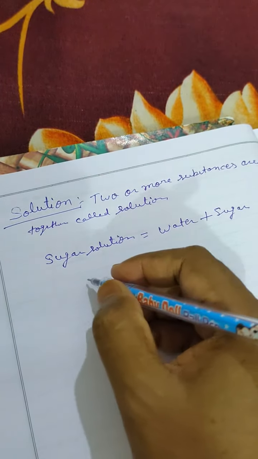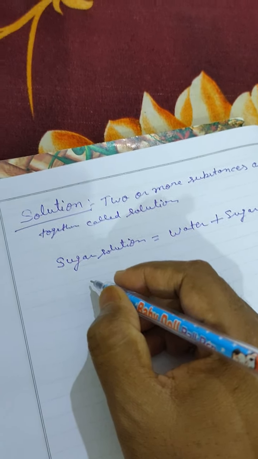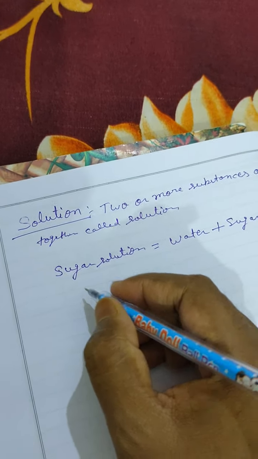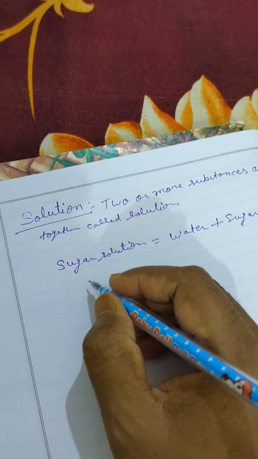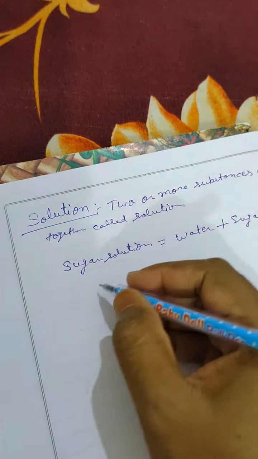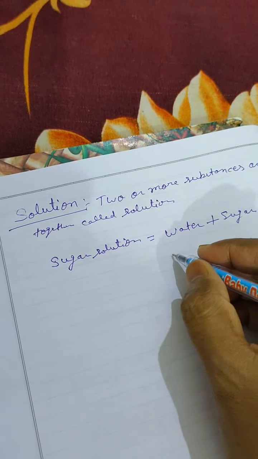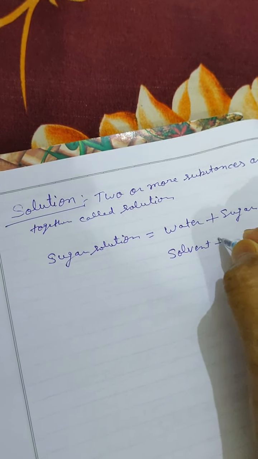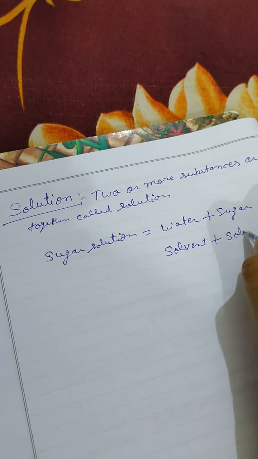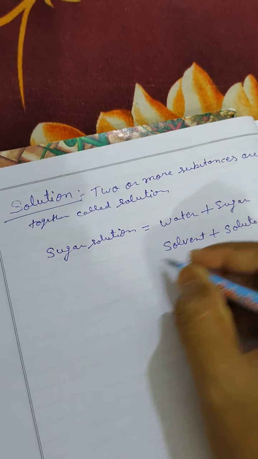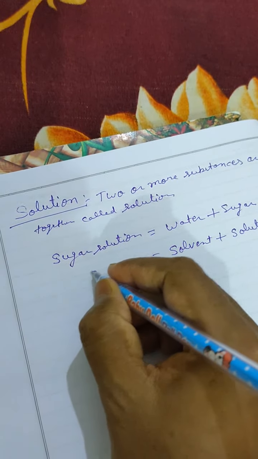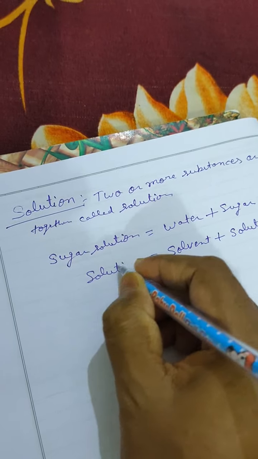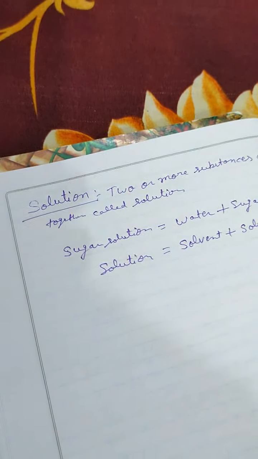This binary solution is uniform. This is called a homogeneous solution, a uniform solution. Water is the solvent, which is bigger in amount. Sugar is the solute, which is less in amount. Sugar solution is one example of a solution.